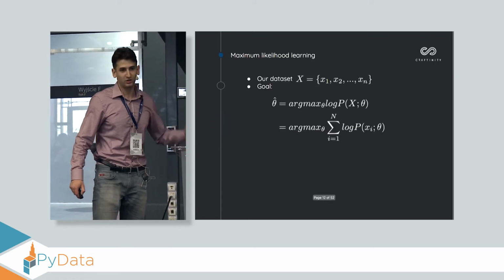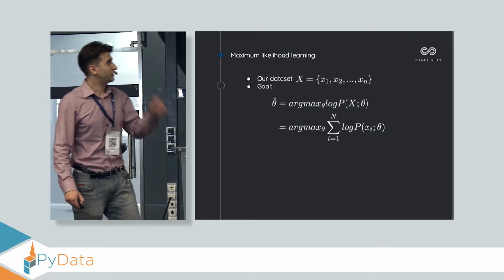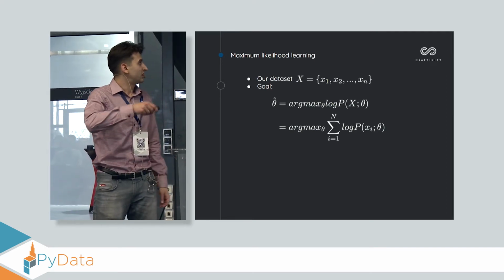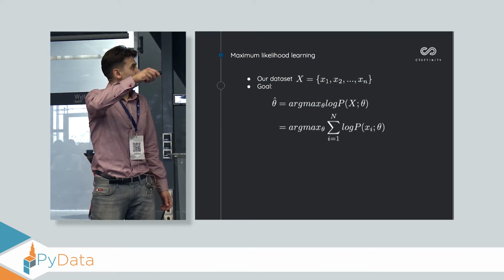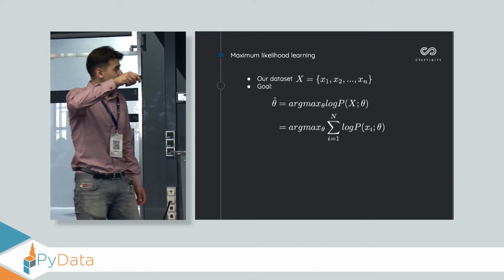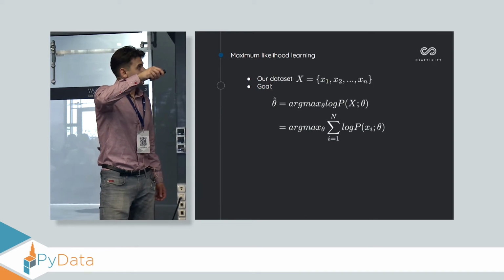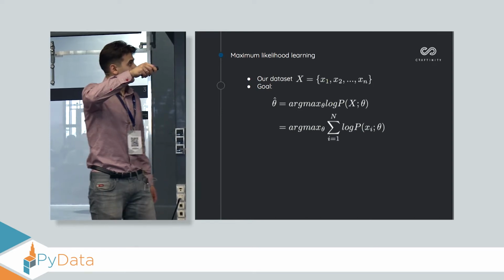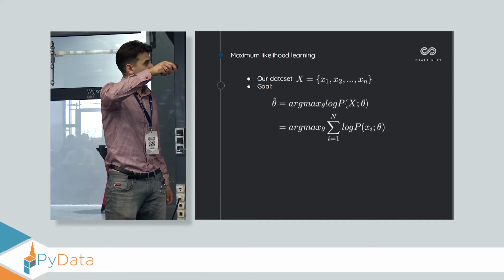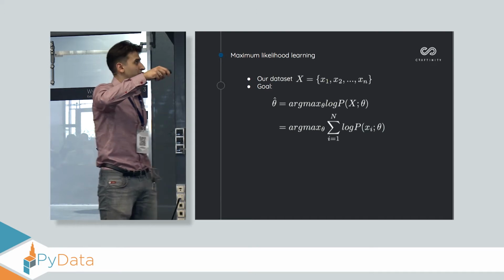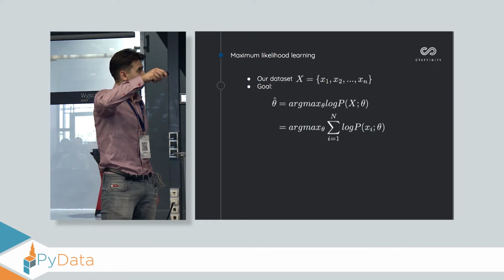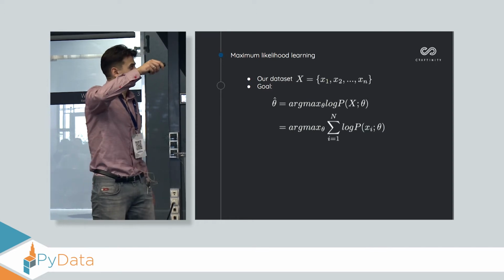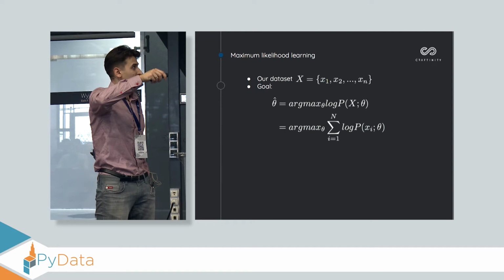So here we adopt the maximum likelihood learning procedure. Let's say our data set X comprises n samples, and our goal is to choose these parameters theta, the parameters of the neural net, which maximize the log of the probability of the whole observed data set.